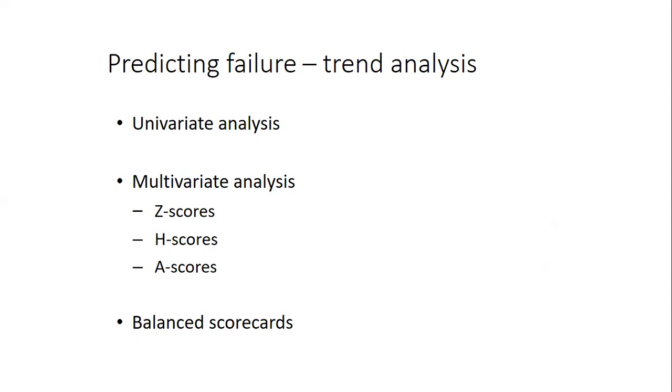Okay. So in trying to predict failure, researchers have proposed that we could use univariate analysis. Univariate analysis means that we are using just one measure, one particular measure, or multivariate analysis, we combine a number of measures together, or we do balance scorecards, which is more of looking at some items and checking the box whether these things are happening within the entity or not.